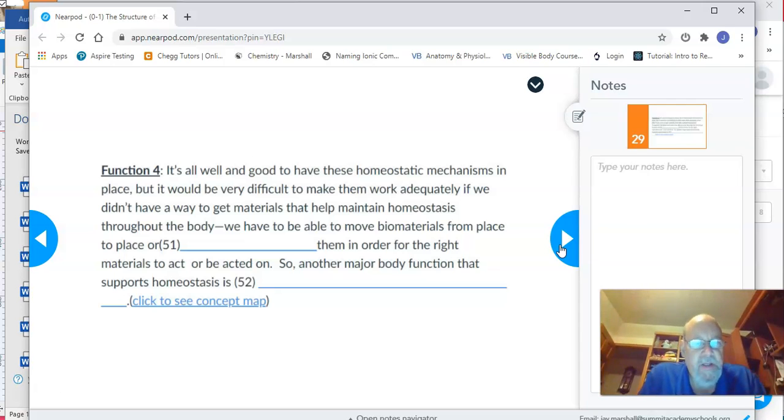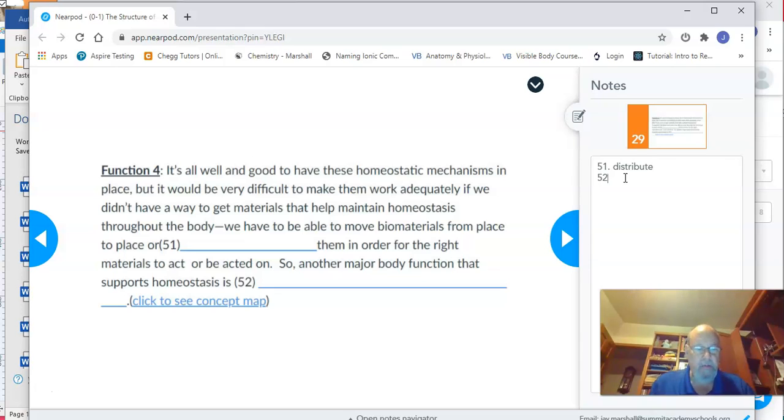Now, it's all well and good to have these homeostatic mechanisms in place, but it would be very difficult to make them work if we didn't have a way to get materials that help maintain homeostasis throughout the body. So our next function is I have to be able to move biomaterials from place to place, or distribute them, in order for them to be acted on or to act.